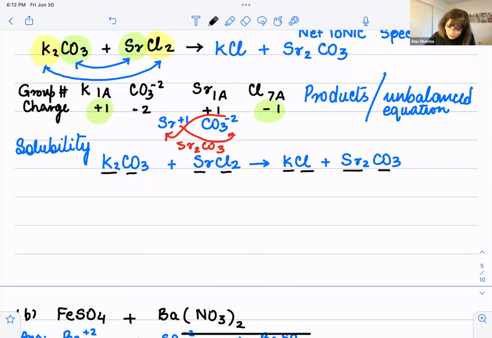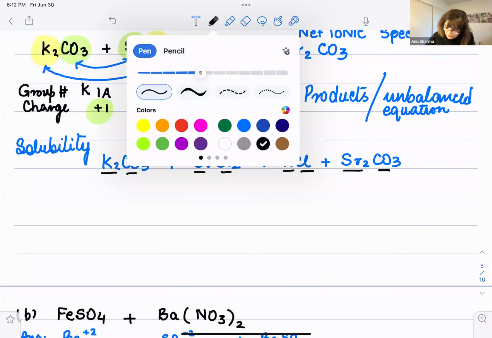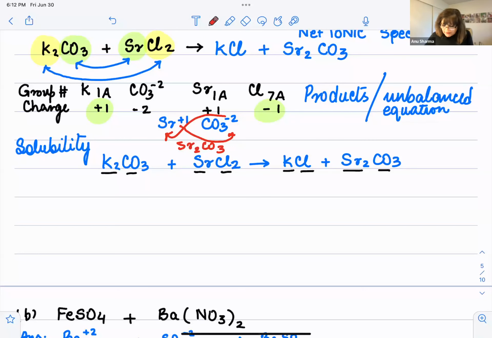So pretty much, what we do, before we write, I don't have the space. There are 2 potassiums on one side. If you put 2 here, this 2 applies to potassium and to the chlorine. So there are 2 chlorines on one side, 2 chlorines on the other side, and this balances. 2 potassiums and 2 potassiums balances.